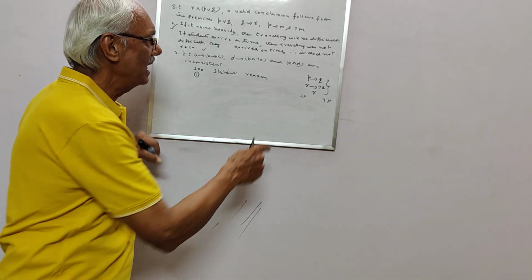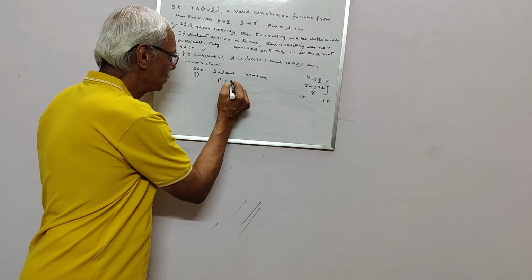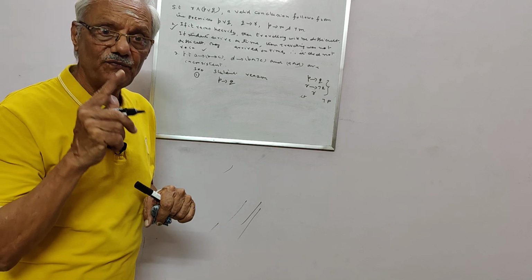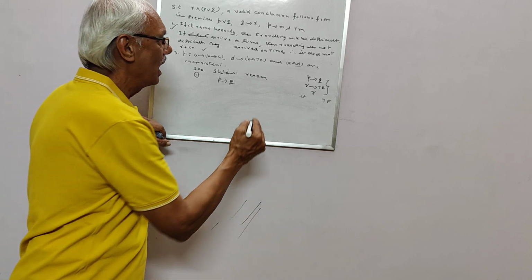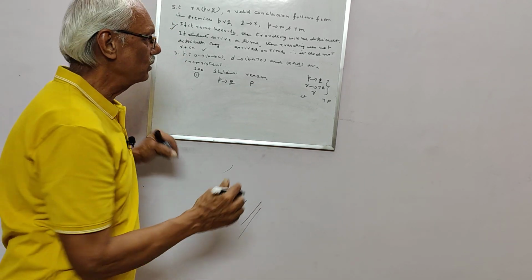I will take up the first one. It is given that P implies Q. This is the premise given to me. If I take a premise given in the problem, I will use a rule called the P rule.